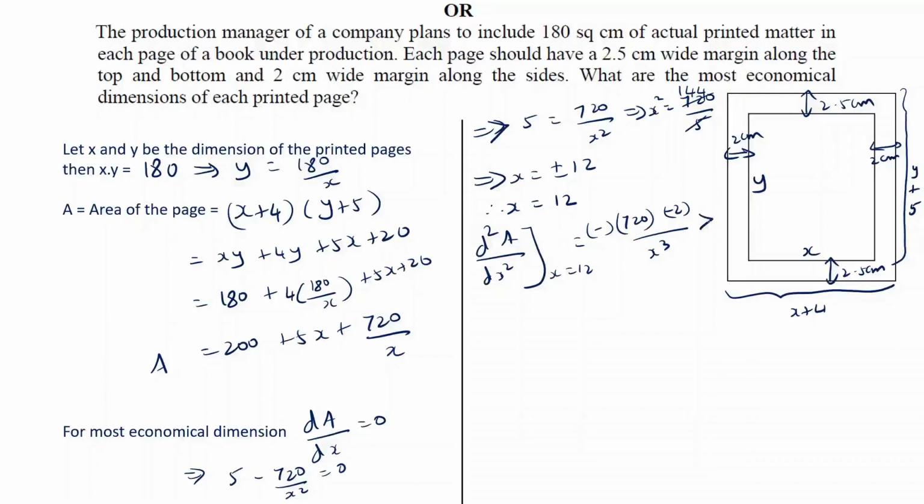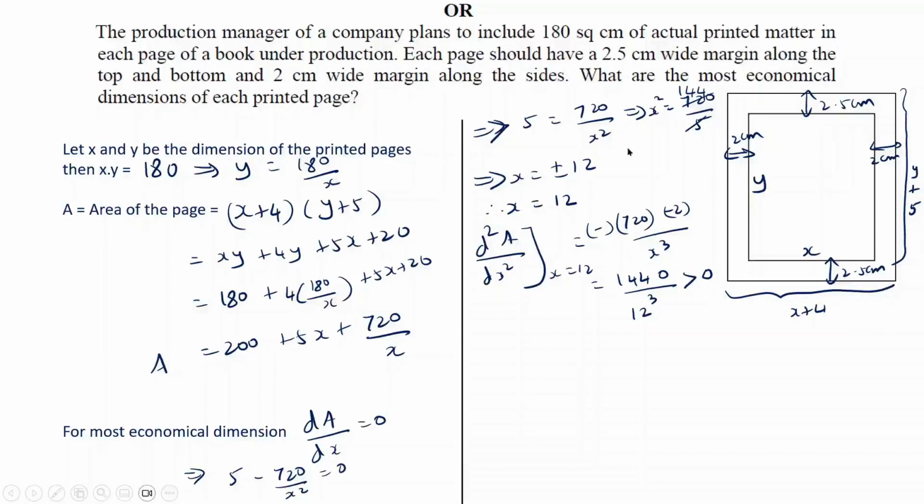Let me write one more step. So this is equal to 1440 upon x cube, which is greater than 0 at x equal to 12. As a result, x equal to 12 is a point of local minima.